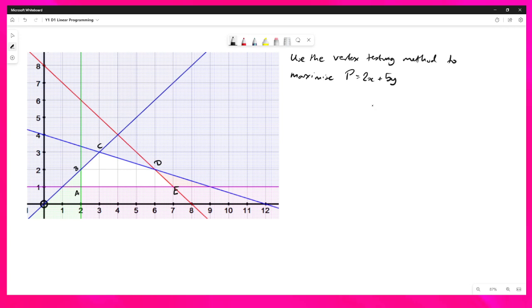What I find quite useful to do with this question is to lay it out in a table. So we're going to have the vertex, and we've got A, B, C, D, and E. We're going to have X and Y, and then our objective function.